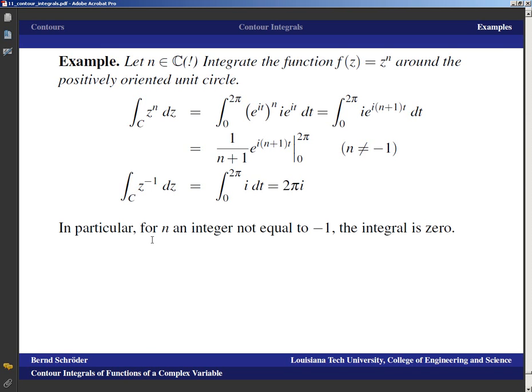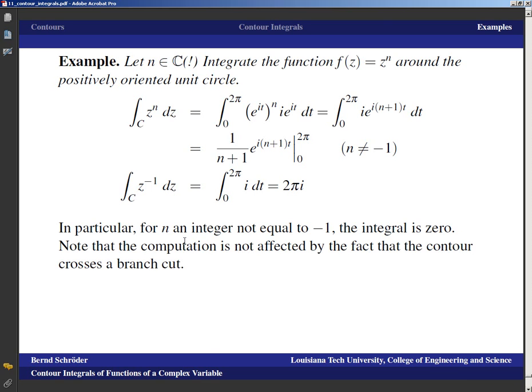In particular, now, that means that when n is an integer that is not equal to negative 1, then the integral is 0, because what we get is e to the i integer multiple of 2 pi, which is 1, minus e to the 0th, which is 1 also, and so that integral turns out to be 0.